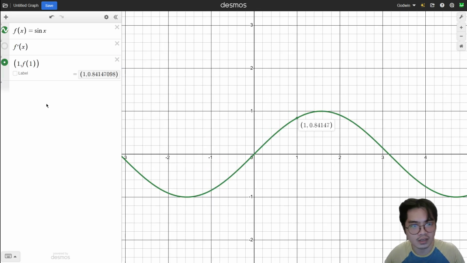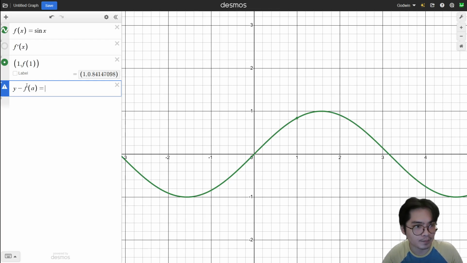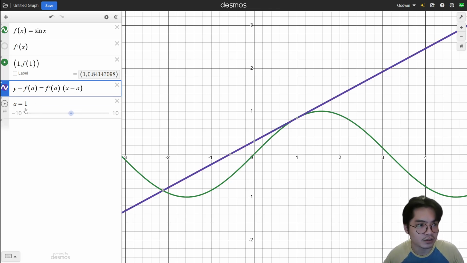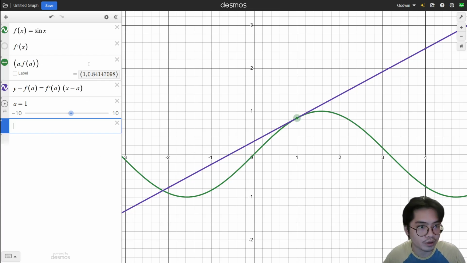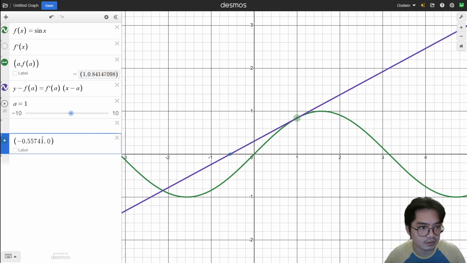What you will do is trace the tangent line there: y minus f of a equals f prime of a times x minus a. Let's have our a equal to 1. It will get us now negative 0.55741. Let's put this here.